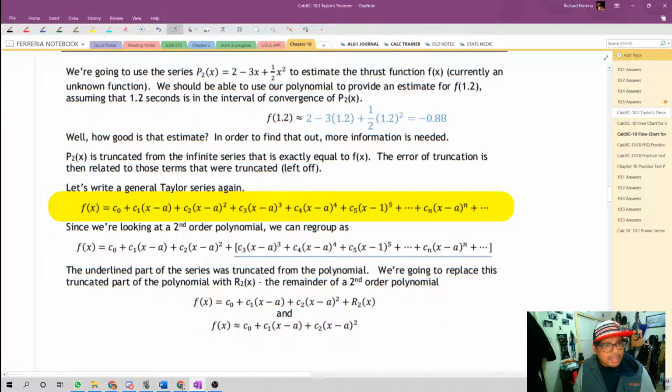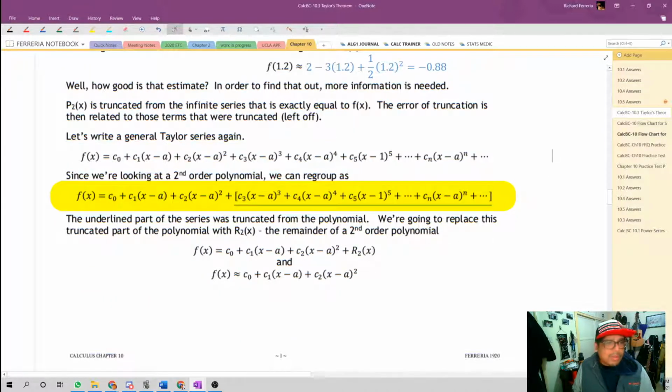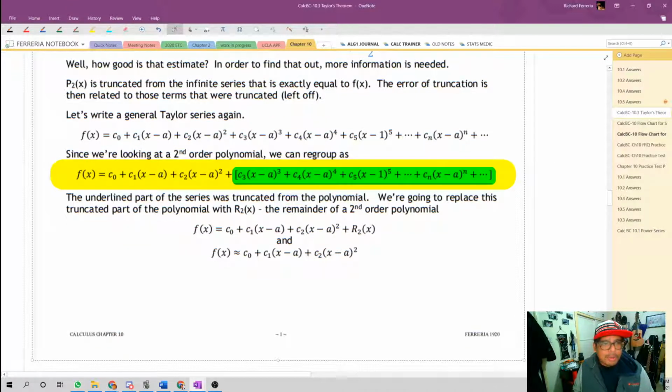So here's a general Taylor polynomial again. We're using the constants c and a as the center of the polynomial. And we use a second-ordered Taylor polynomial, which means that all of those terms in the brackets, I'll highlight them for you. All these terms in green, they were left off of the polynomial.